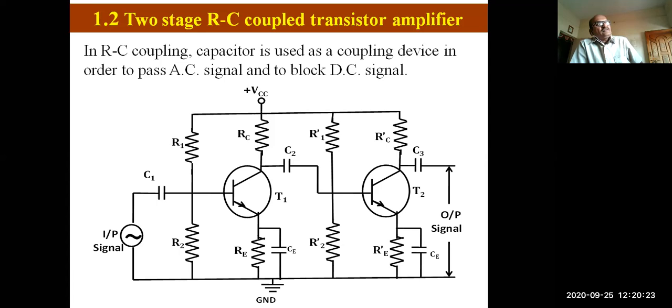It has a fixed value. But as the frequency of the input signal changes, the reactance of the capacitor changes, the reactance of the inductor changes. So the AC resistance is called the reactance.